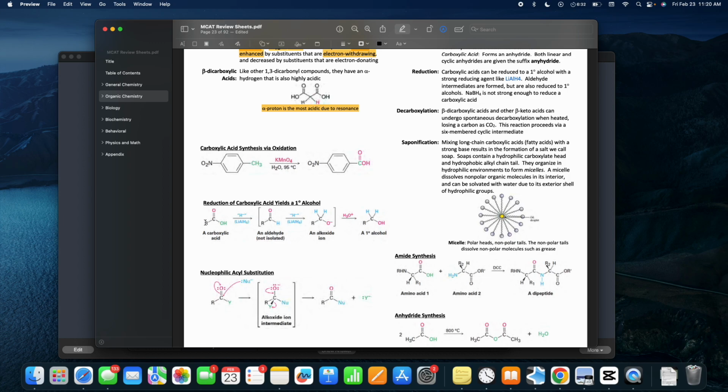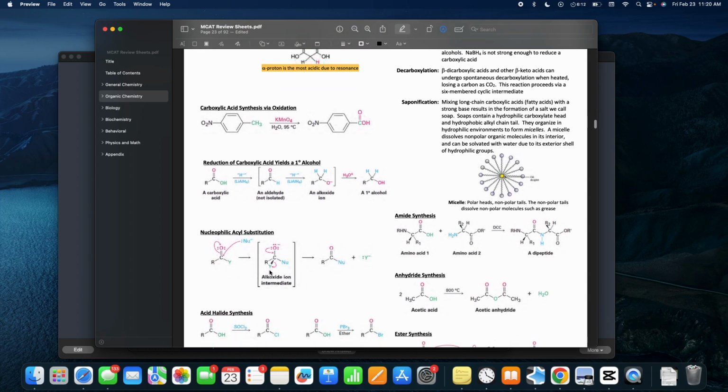So you're reducing the carboxylic acid, and you add a hydrogen ion, and you get a primary alcohol. This hydrogen ion attaches to the O minus, and that's how you get a primary alcohol.